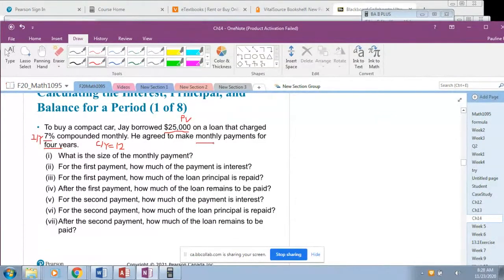Monthly payment means PY equals 12. For 4 years means N equals 4 times 12, 4 years times 12. N equals 48.